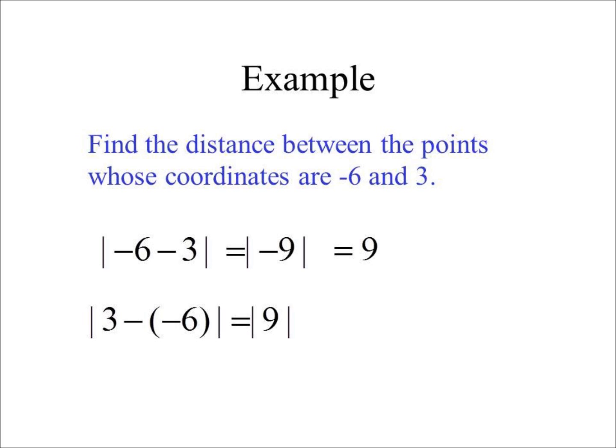So the absolute value of positive 9, of course, is just 9. So I get 9, and it's the same answer for both. And you would kind of expect that you would have the same answer for both. After all, it is the distance between the points negative 6 and 3. They have to be the same.